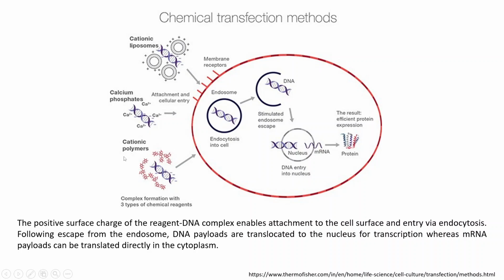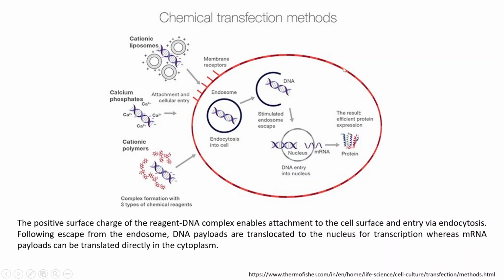That can make this complex bind to the cell surface, and then it will get endocytosed, and eventually when the DNA escapes from the endosome, it will enter into the nucleus and be transcribed, the mRNA will be formed and then translated, and the protein will be expressed or overexpressed in the cell.